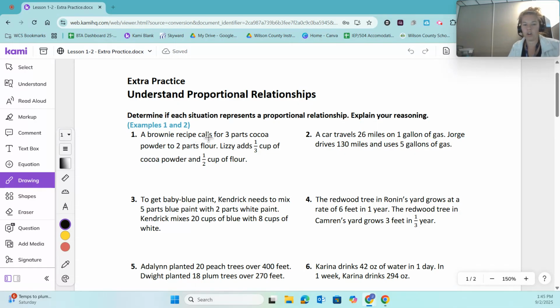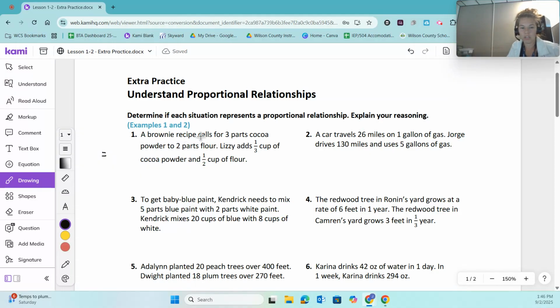A brownie recipe calls for 3 parts cocoa powder to 2 parts of flour. Lizzie adds 1/3 cup of cocoa powder and half cup of flour. We're deciding, are these two things proportional? Well, remember, for a proportional relationship, we have two fractions that are equivalent, okay? Two ratios that are equivalent, all right?